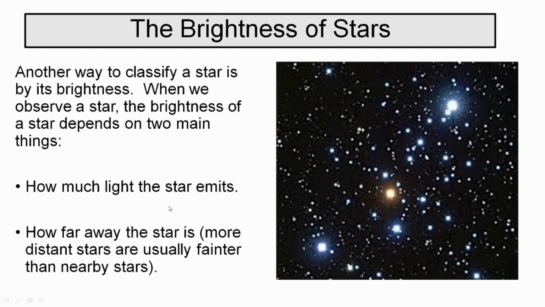Now, you might think that the sun is a really big star, but it isn't actually, as we talked about before, that big a star. It's just the fact that it is so close to us that it looks so much bigger compared to the other stars. So, as I said, another way of classifying stars apart from the temperature is looking at the brightness. And you can see here, either this star here is very close to us, or it is massively bright, or perhaps it's a mixture of both.